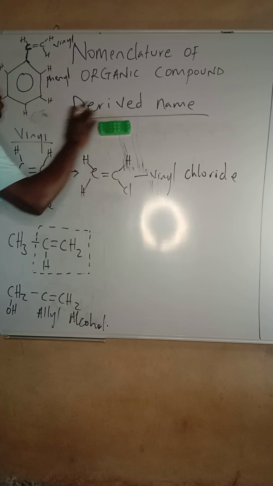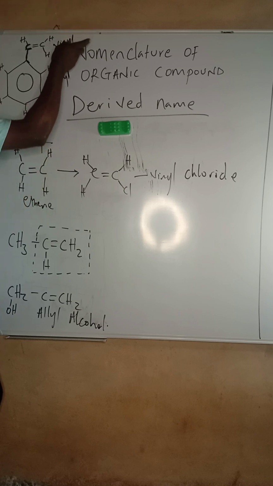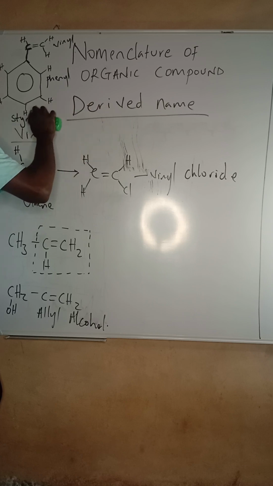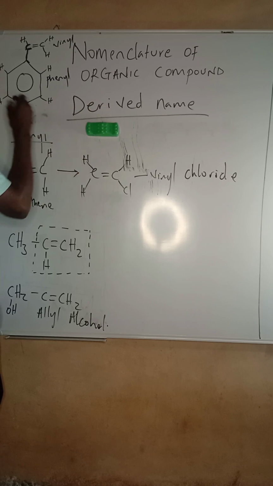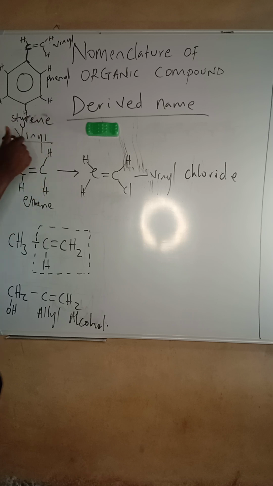So it's like a double derived compound. Phenyl and vinyl together is known as styrene. So styrene is a derived compound of vinyl and phenyl.